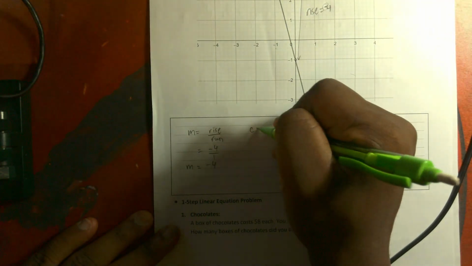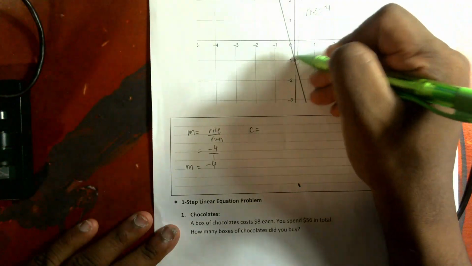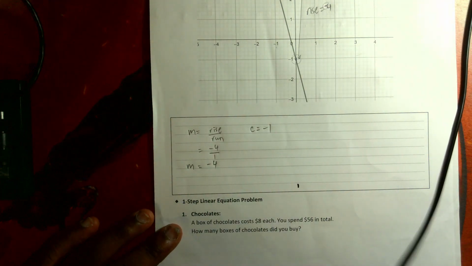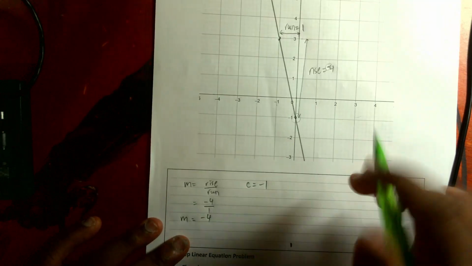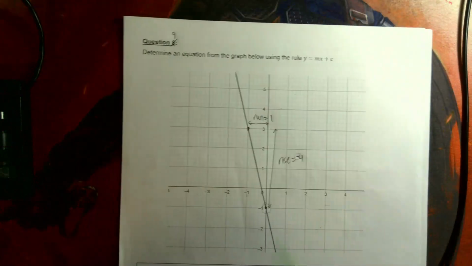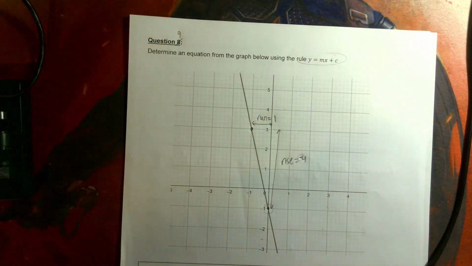We also need our y-intercept, which is why I picked that point. It's -1, where it crosses the y-axis. We want our equation in the form y equals mx plus c.